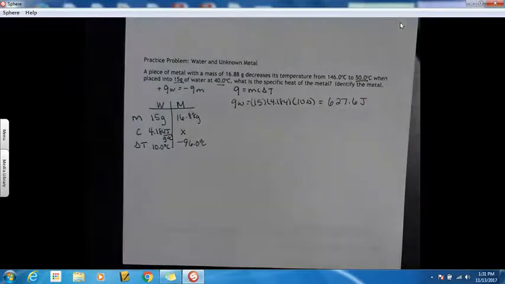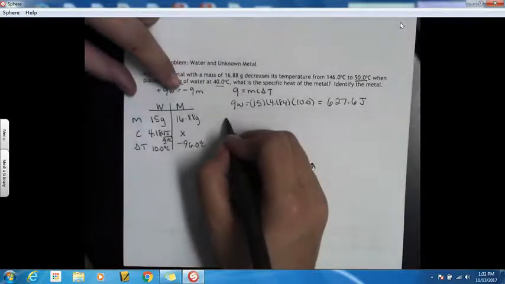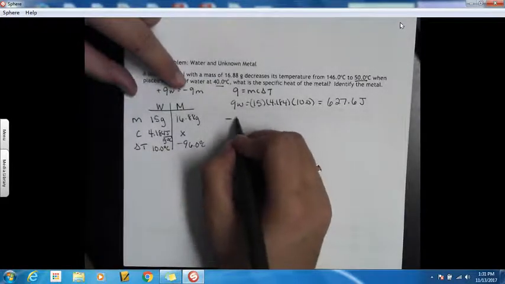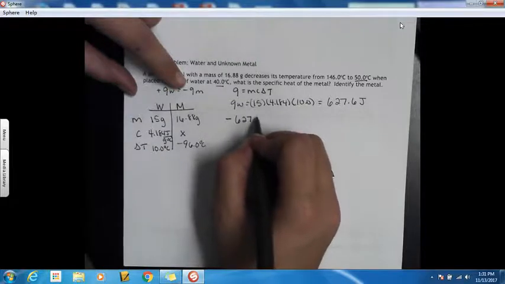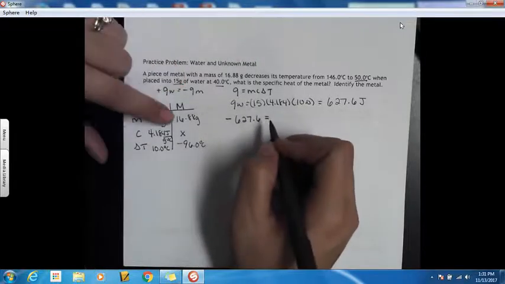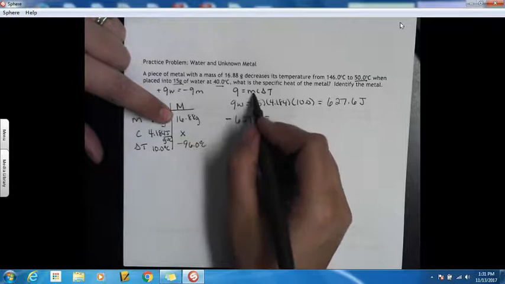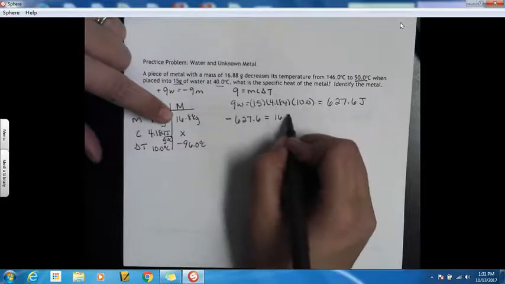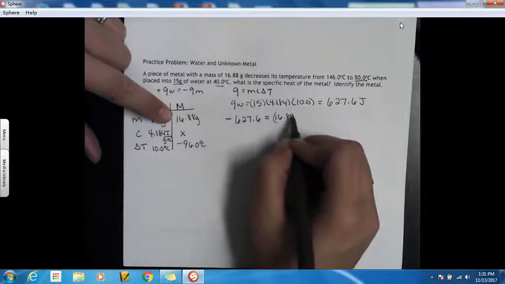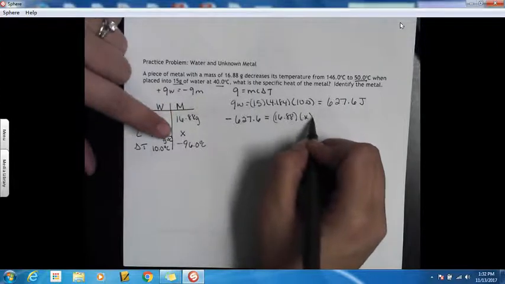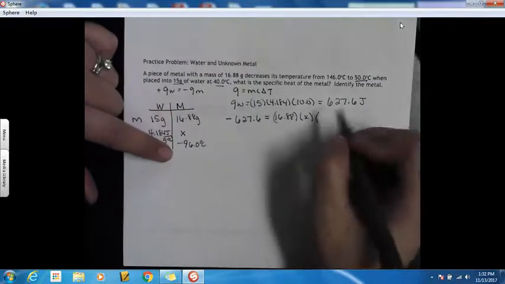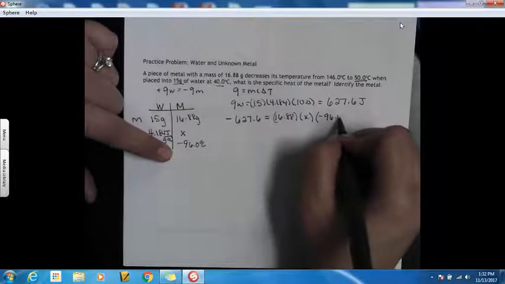Alright, and the relationship between the water Q and the Q for the metal is that they are equal, but the metal is negative, so it'll be negative 627.6 is equal to the mass of our metal, which is 16.88, times the specific heat, which is x, times the change in temperature, which was negative 96.